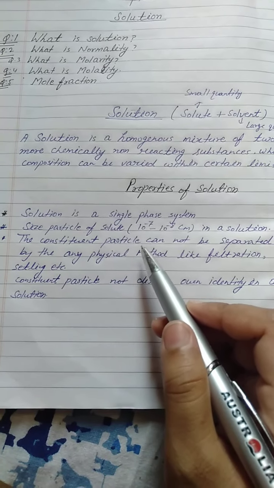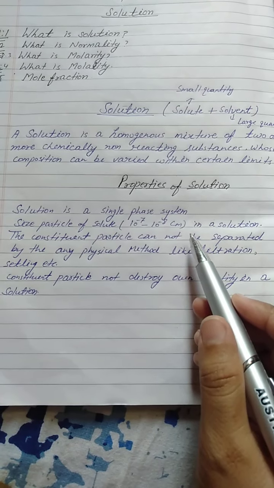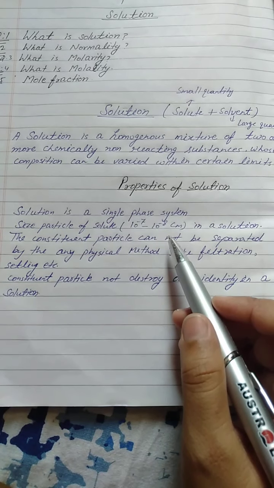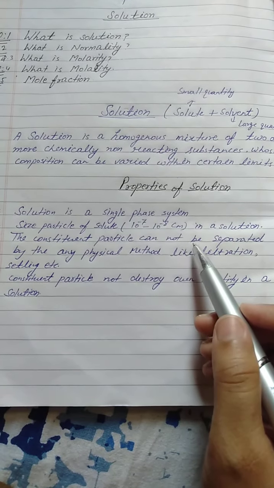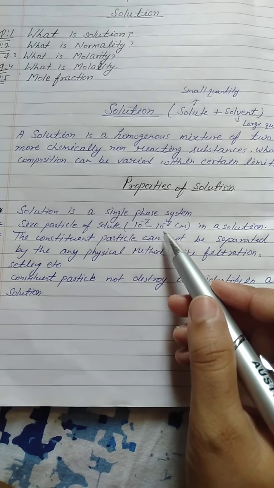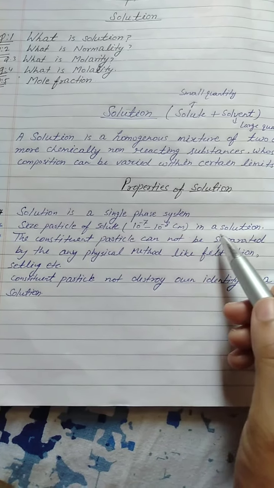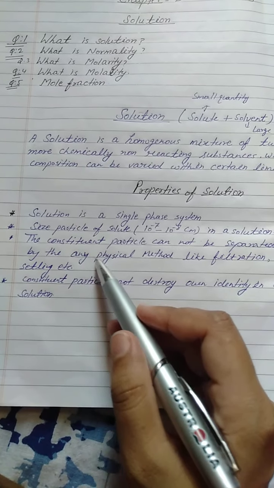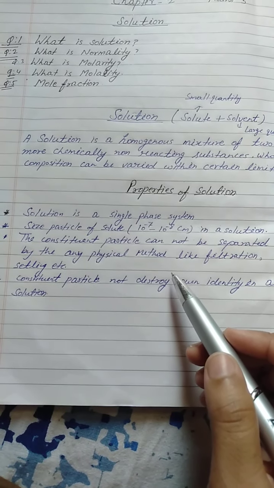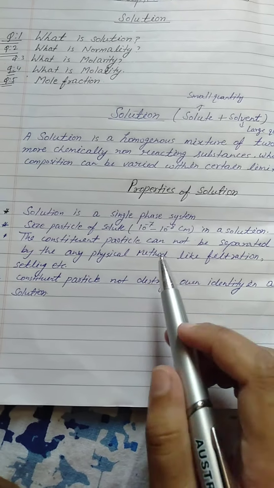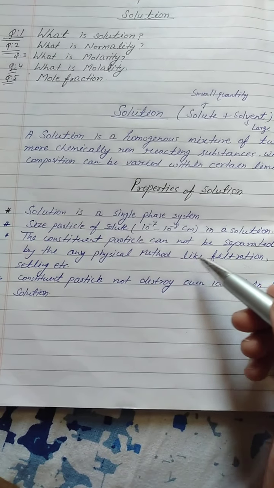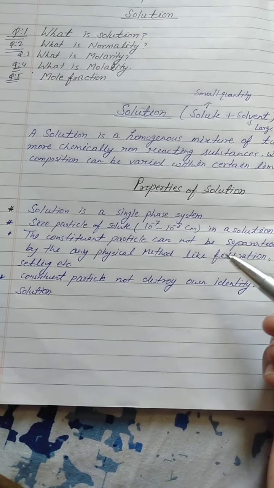The size of solute particles in a solution is 10 to the power minus 7 to 10 to the power minus 8 centimeter, and the constituent particles cannot be separated by any physical method like filtration, settling, etc. Means the constituent particles present in the solution cannot be separated easily by any physical method.